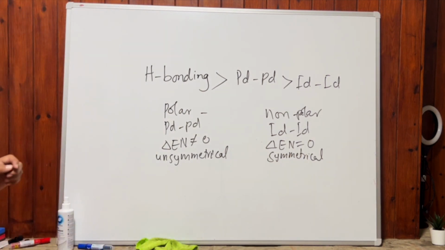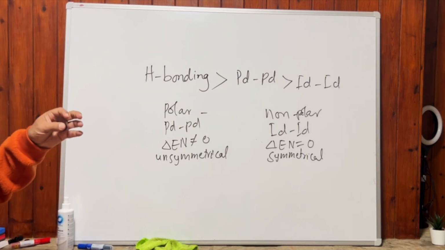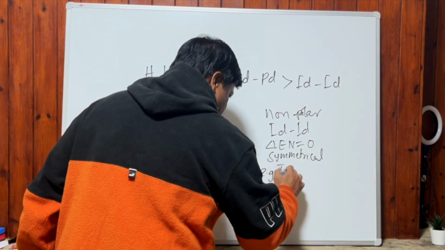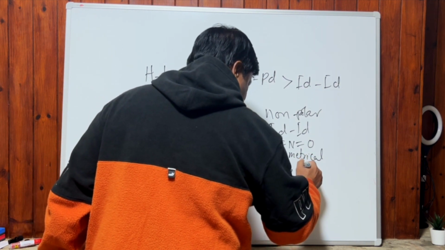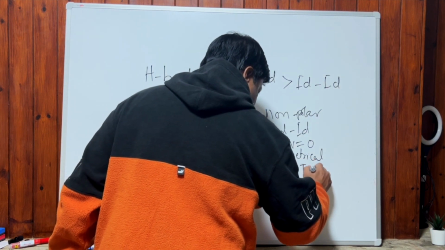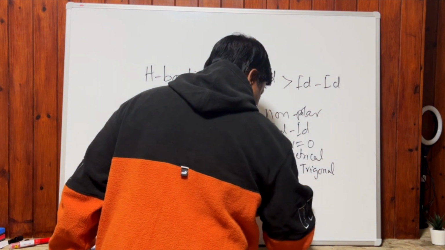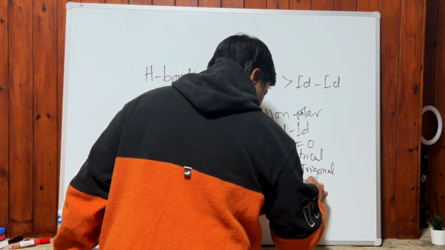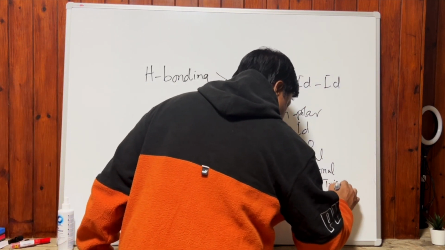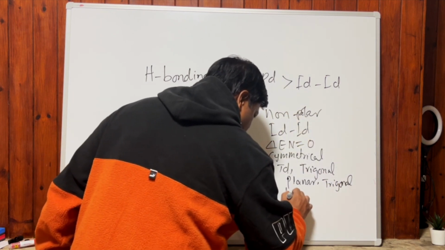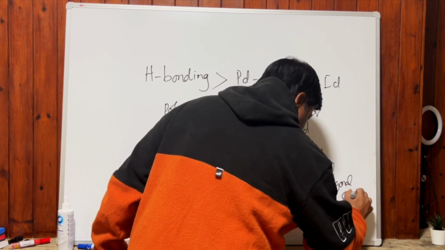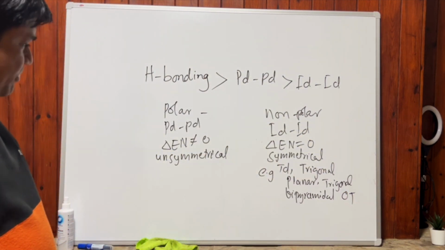All the well-known shapes of molecules, like we have tetrahedral shape, trigonal planar, trigonal bipyramidal, octahedral, and square planar complexes.